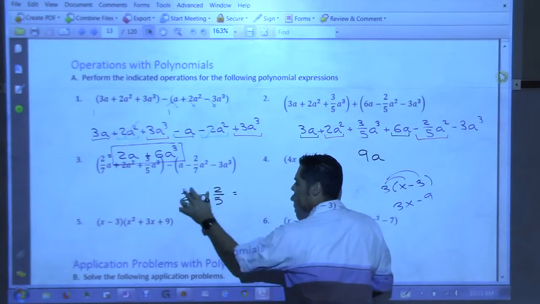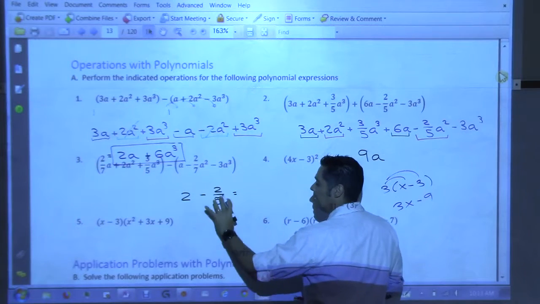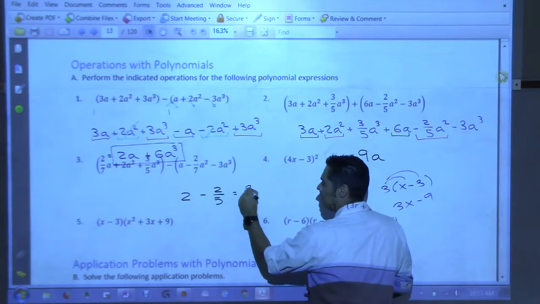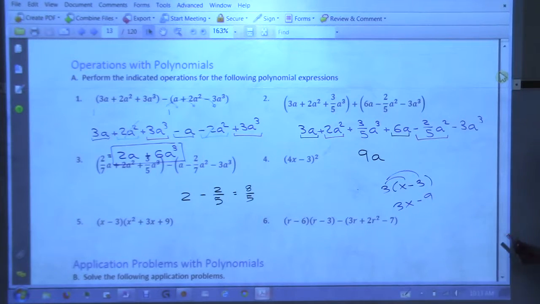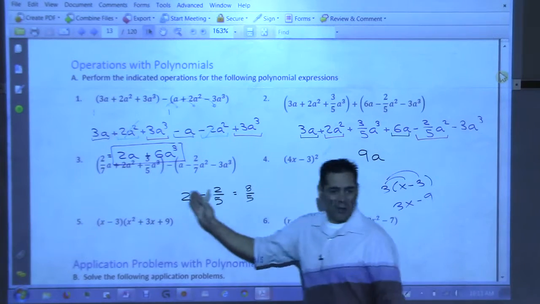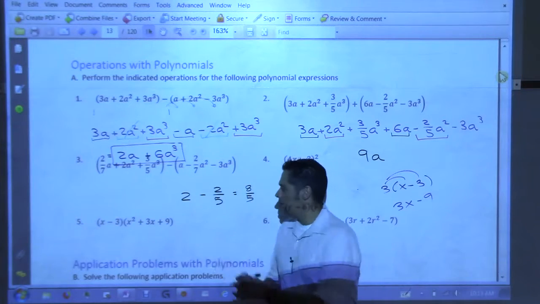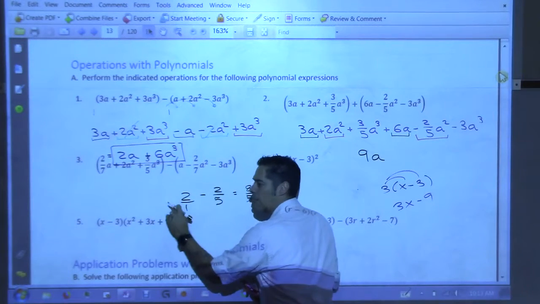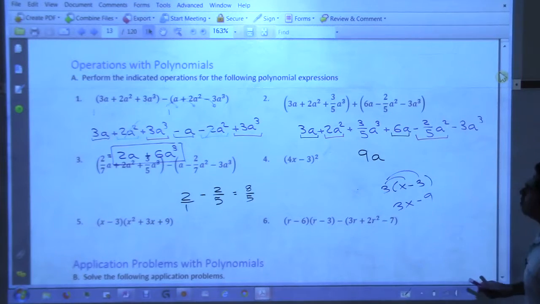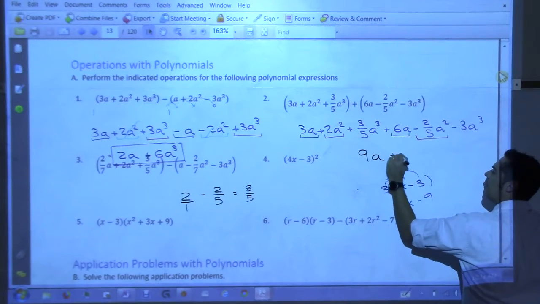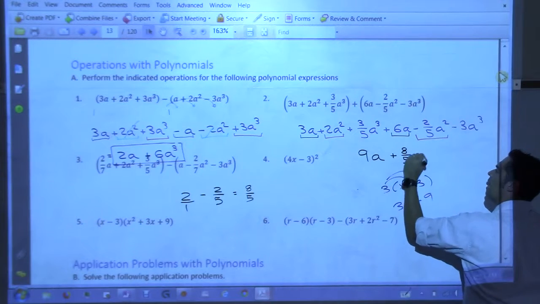But trusting that you could do this, what would that turn out to be? 8/5. I mean, you could get that on your own. Is that all right? 2/1, common denominator, multiply 5 here, put them together. Okay, so we should have 8/5 a squared.